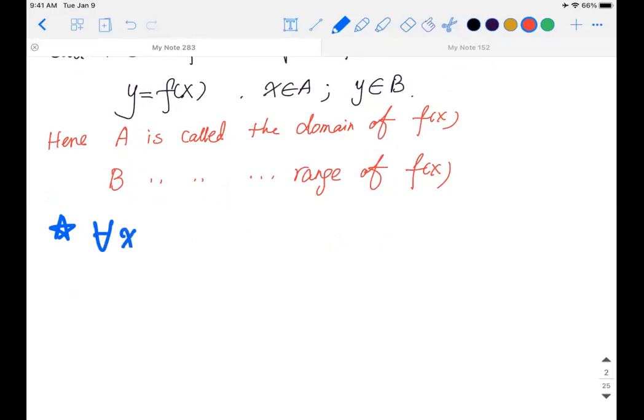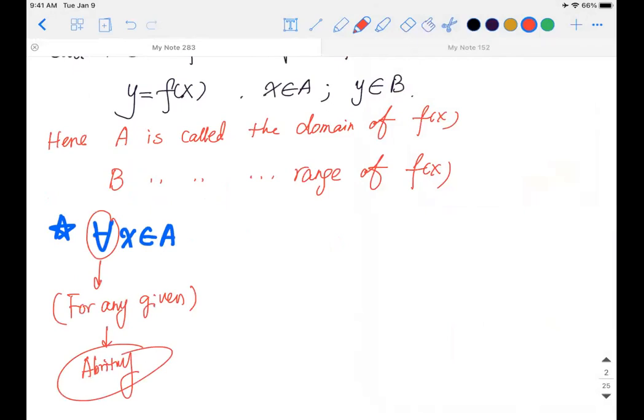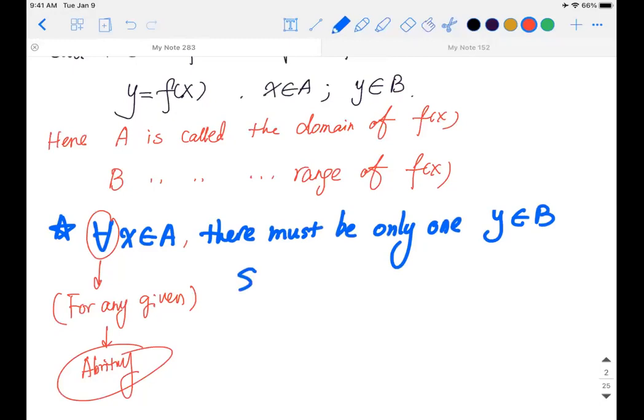For any given x belongs to A, and this symbol is derived from the word arbitrary, we just put A upside down, there must be only one y belongs to B such that f(x) equals y.